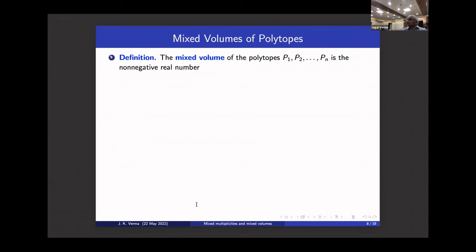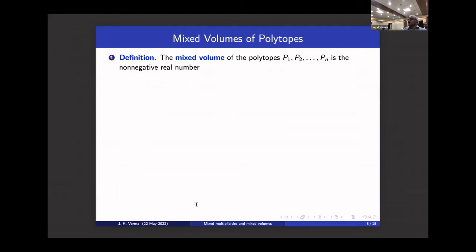And to compute the Nash equilibrium, one has to calculate mixed volumes of polytopes. So one needs very efficient algorithms to calculate these quantities. So what is a mixed volume?